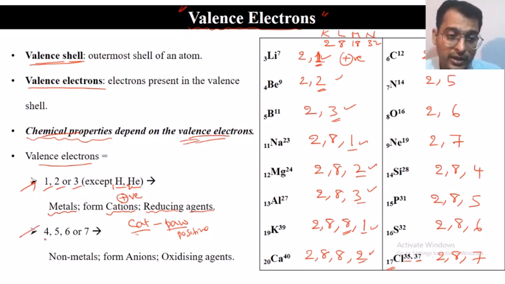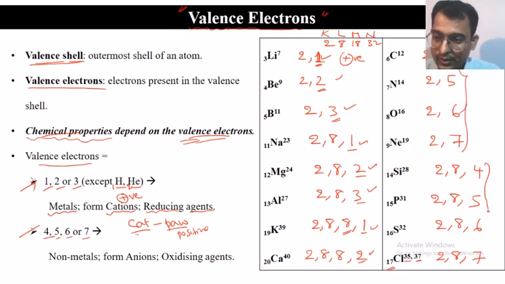If the valency electrons are 4, 5, 6 or 7, then they will be non-metals. For example, carbon, nitrogen, oxygen, silicon, phosphorus, sulfur, chlorine, all of these are non-metals, and all of them form anions.